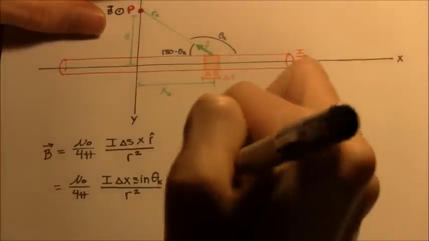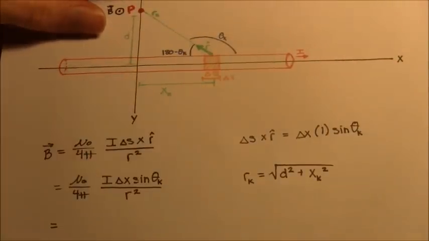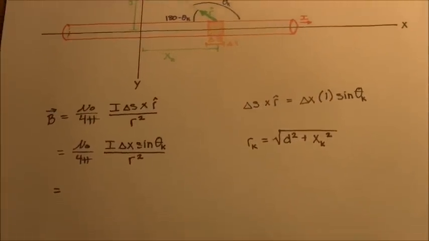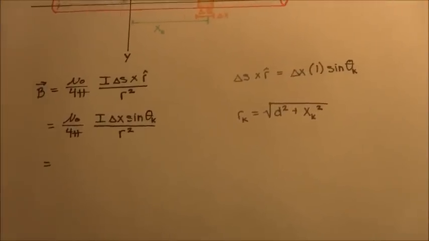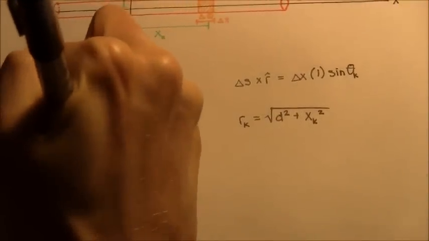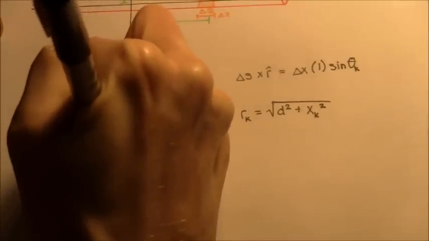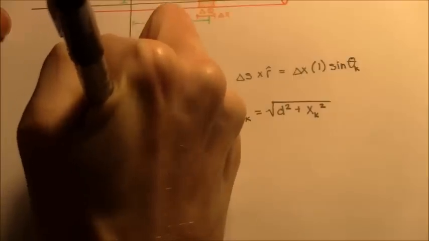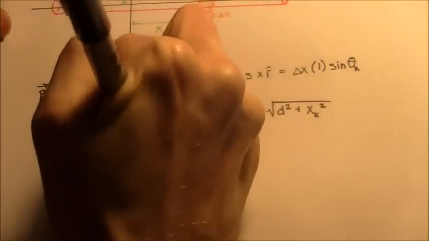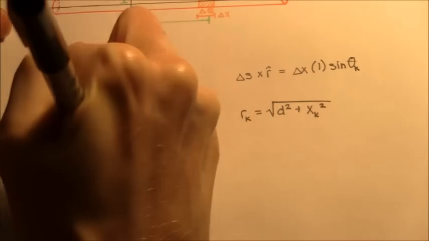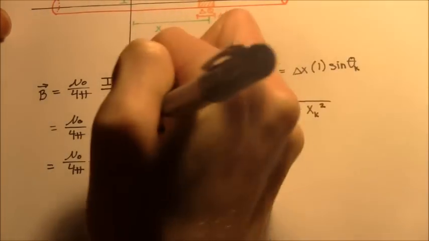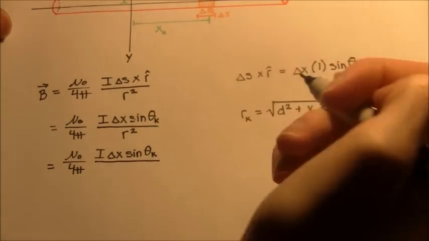Next, we can plug that back into our equation. And since r is squared, the square root is canceled out.